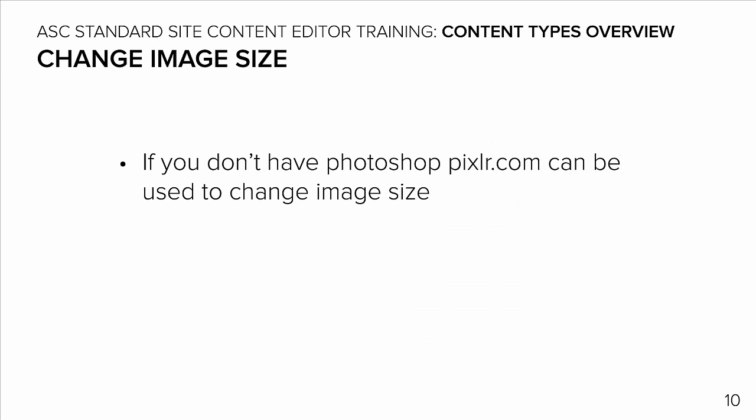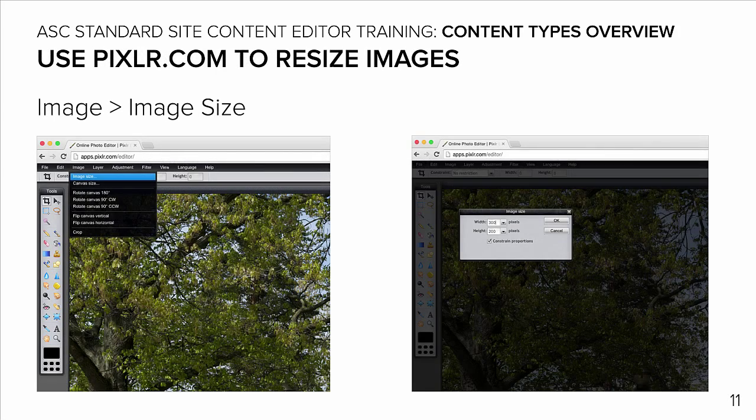Although Adobe CS will be available to everyone in the College of Arts and Sciences, if you are working without access to it or another standalone image editor, then we recommend Pixlr.com. They have a robust online photo editor that is fairly easy to use.